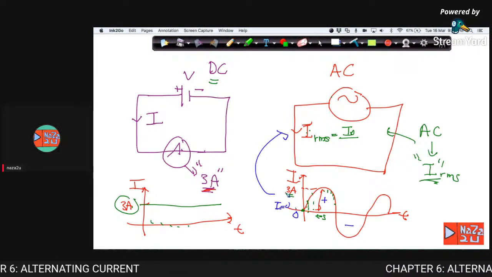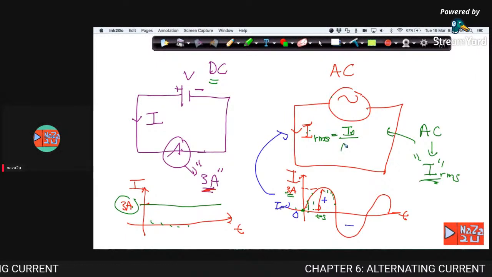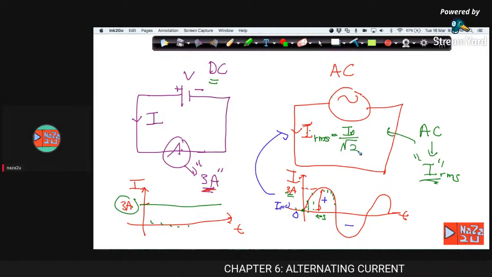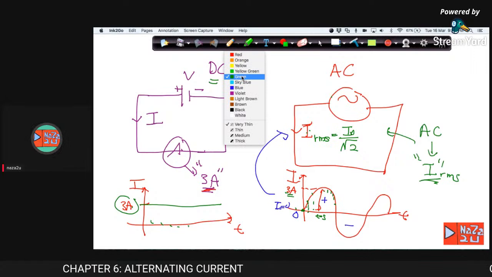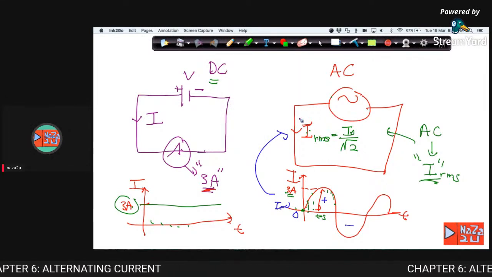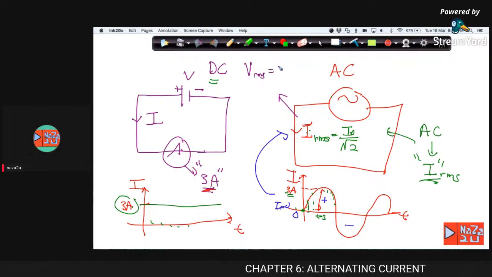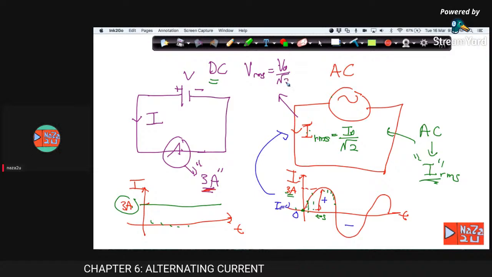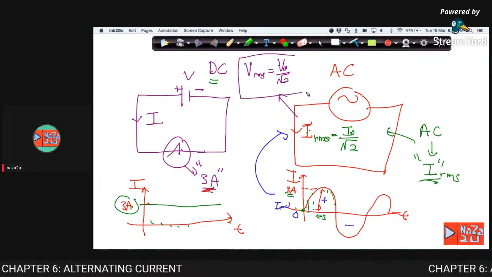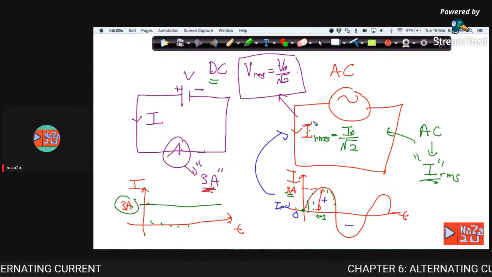Kalau ikut graf ni, kalau 3 lah maximum current divided by square root 2. So sama juga kalau kita ada voltage. Voltage RMS is equal to maximum atau peak voltage divided by square root 2. So perkaitan yang sama juga kat sini.